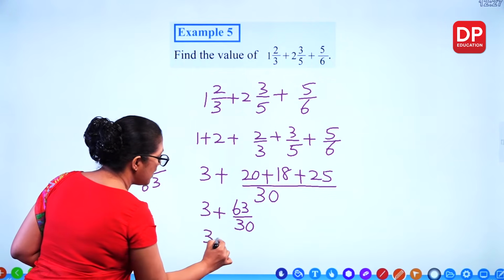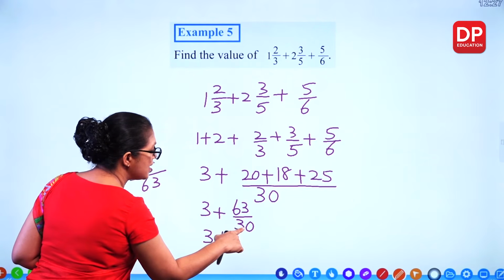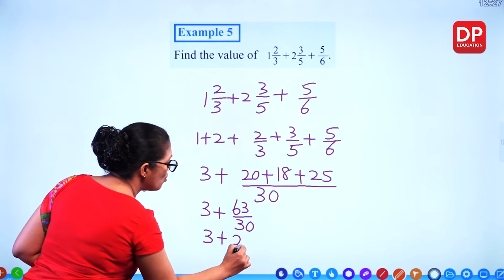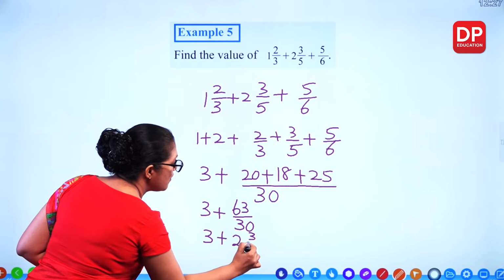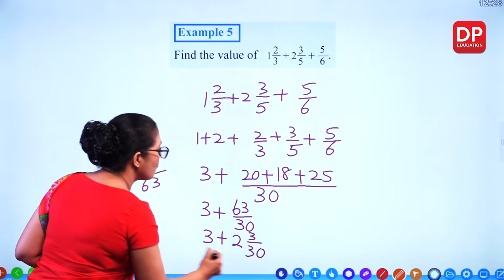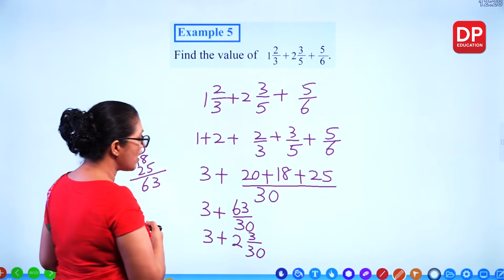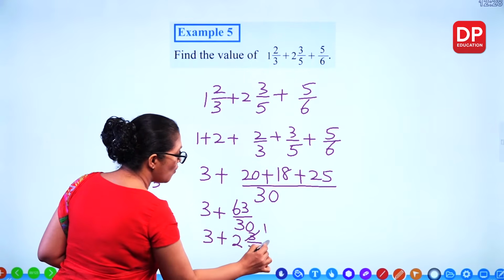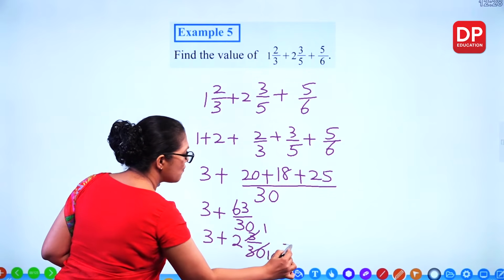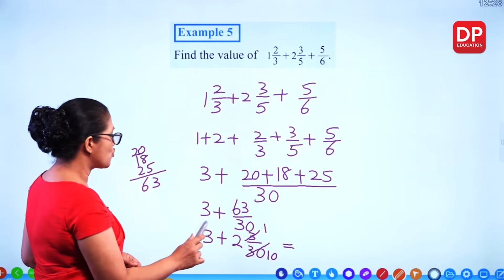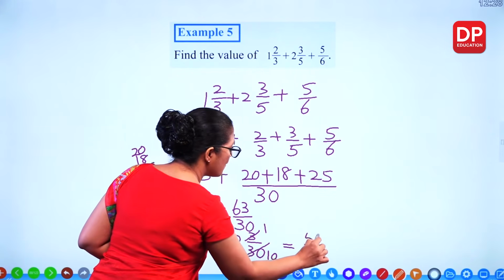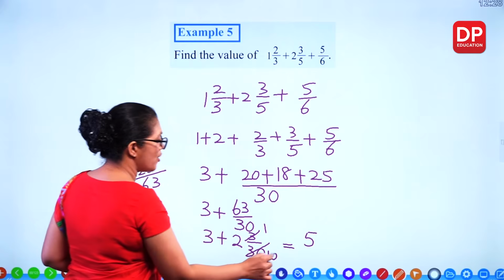So 3 and here how many 30s are there? 2, that's 60, 3 remaining. So that means you can divide this by 3. 1 and 10. So what's the final answer? 3 plus 2, you can say 5, and then 1 over 10.